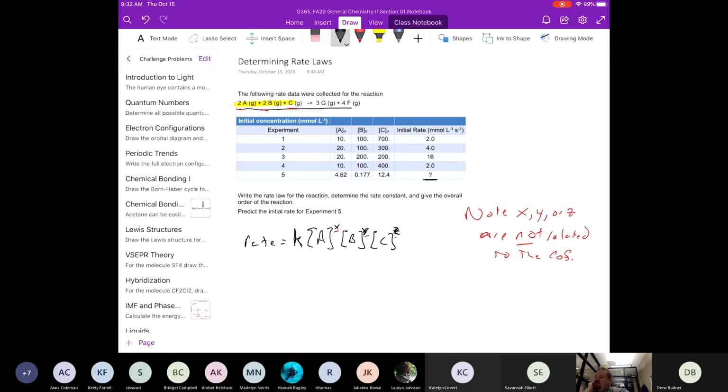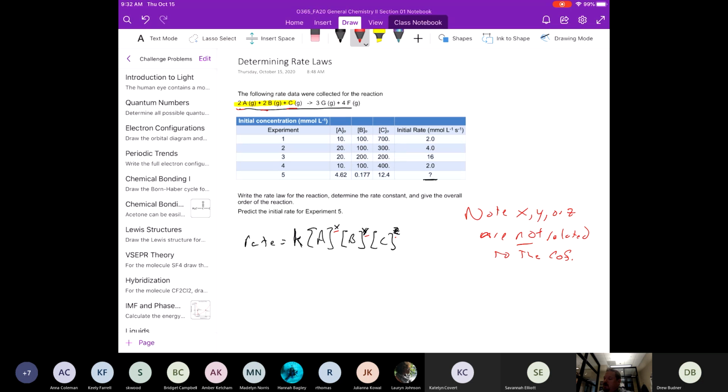So the way we're going to do that is we're going to look at good experimental science where we change only one variable and see the result of that variable. So we're going to look for two experiments where two of the reactants are not changing. Right?